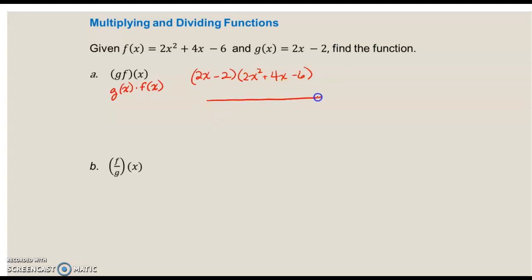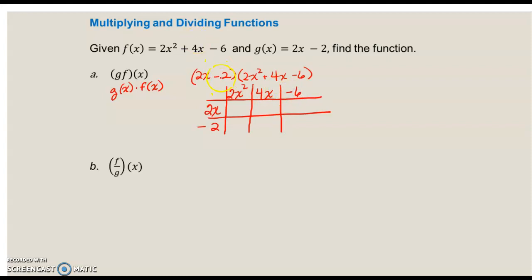And I like to do that in a multiplication box. It makes sure that I get everything covered. So I have 2x minus 2, and then 2x squared plus 4x, and then minus 6.